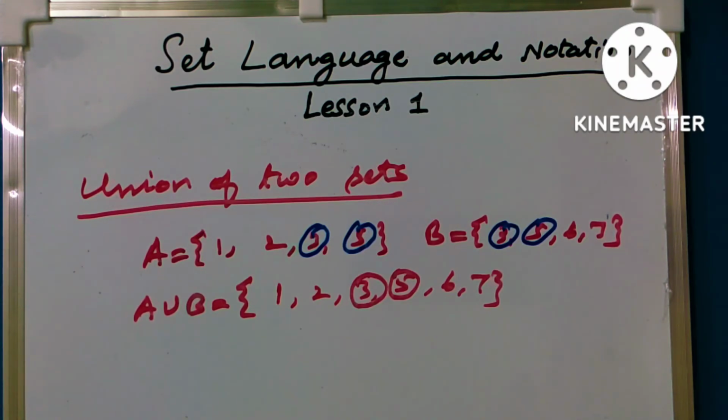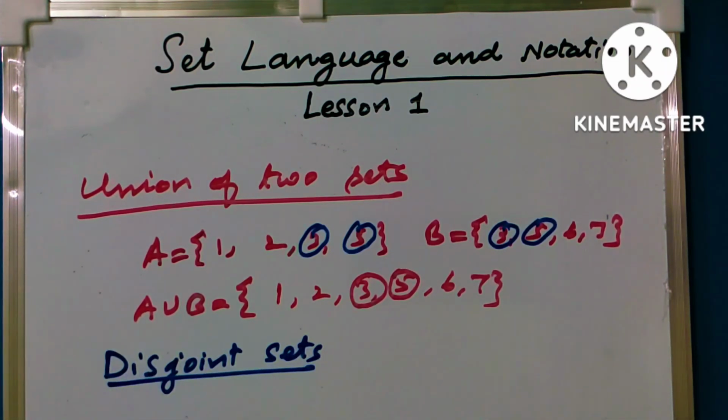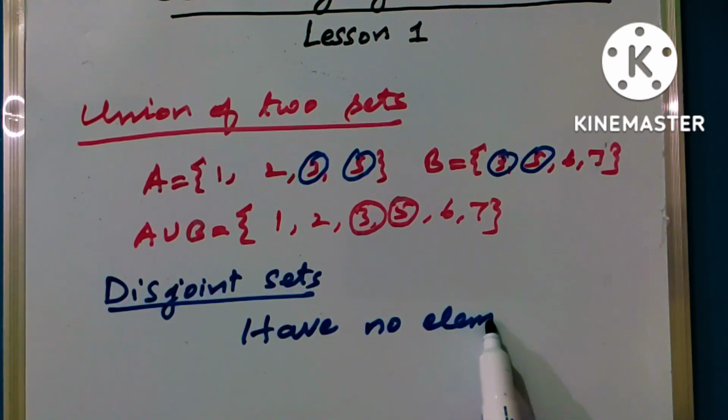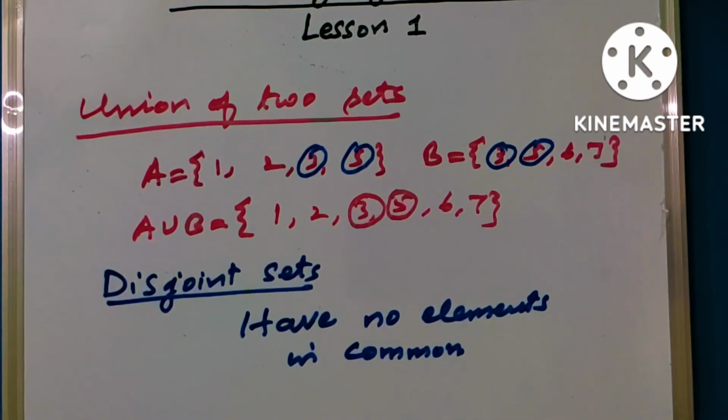Now the last one is disjoint sets. Sets have no elements in common. Let us take one example.